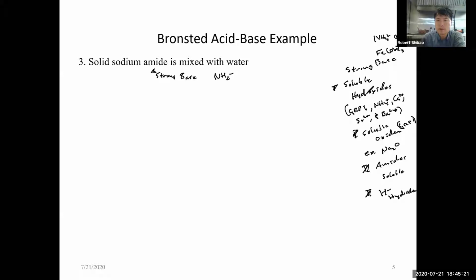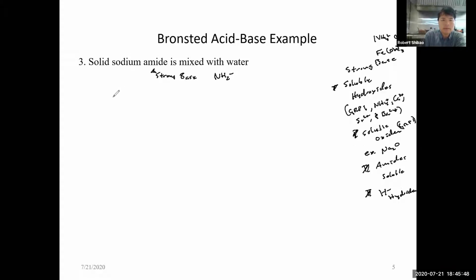The most common are the hydroxides, and then some soluble oxides you'll run into. Insoluble oxides are not strong bases, like rust, iron 3 oxide, Fe2O3. But it is basic, rust could potentially react a little. Amides, hydrides, these are all more common.